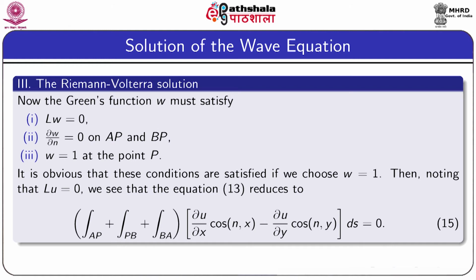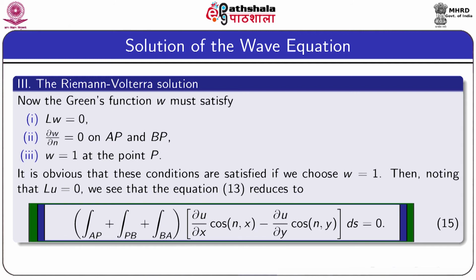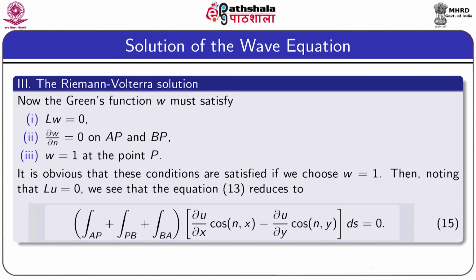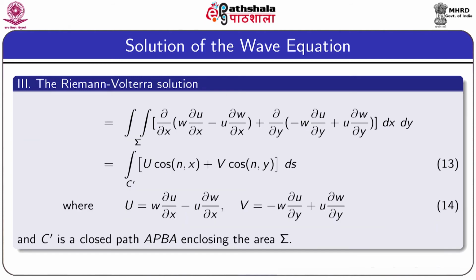So, it becomes the parts of C dash. C dash is the part AP, PB plus BA, and this is del U del x cos nx. From here we got the expression.